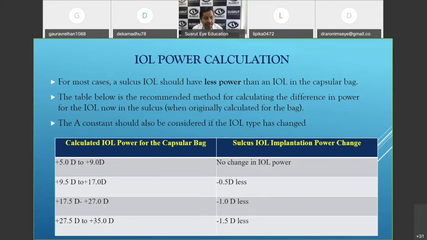Even then there is a rough formula. If it is on the myopic side between +5 to 9 and in the same plane, we should not change the IOL power. And if it is very high hypermetropic like +30, 35, we should reduce by -1.5 diopter or less.